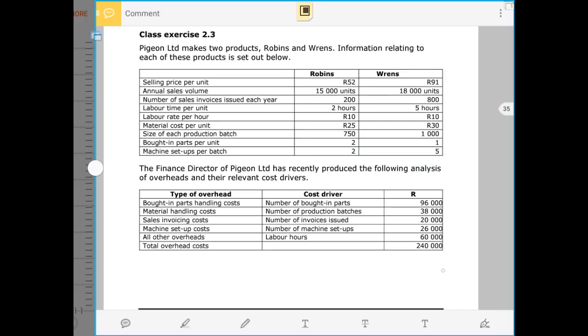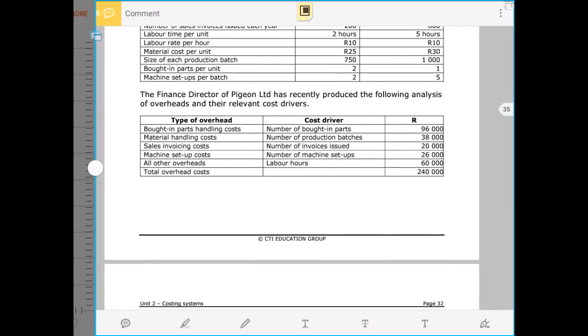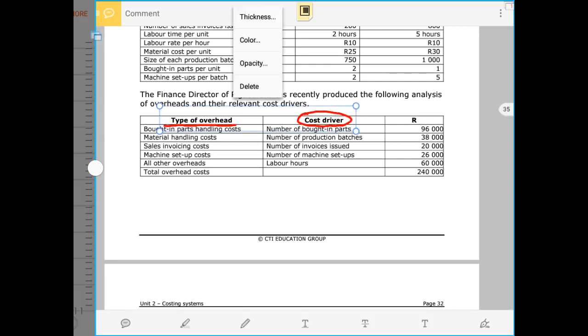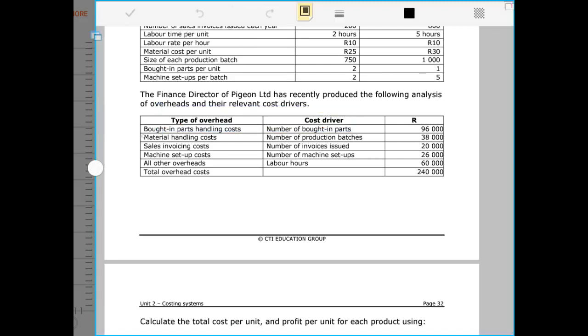Then it further says that the financial director of Pigeon Ltd has recently produced the following analysis of overheads and their relevant cost drivers. So we are given the type of overhead and the cost driver, which we normally call the base to allocate the overhead. The first is bought-in parts handling cost.